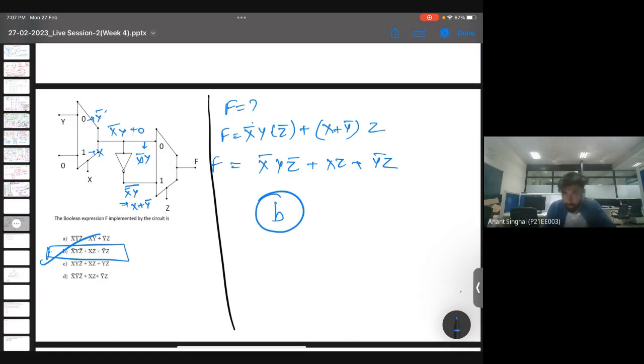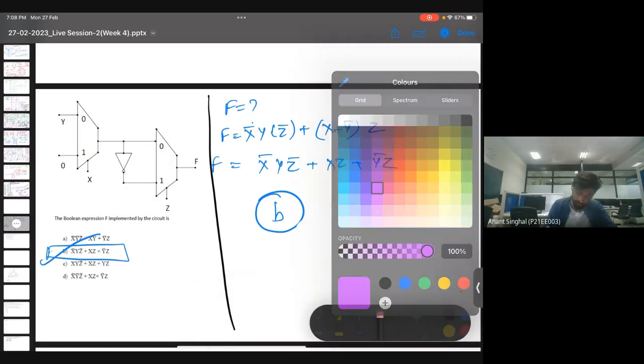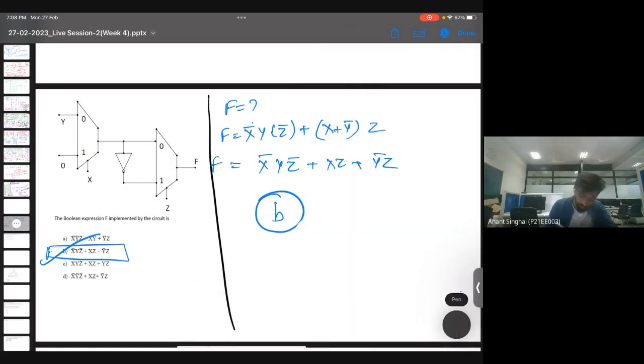Okay, I'll repeat. Let me try. So as you know that 0 is nothing but x bar and this is x. So here let's suppose this is f1. So f1 will be x bar into y plus x into 0. So this term will be 0.